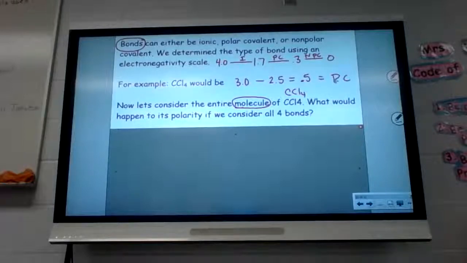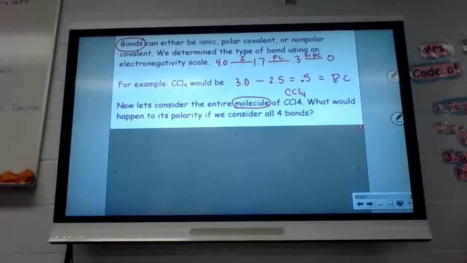We're going to look at all the bonds. What would happen to polarity if we consider all the bonds? Would it still be polar covalent if we consider all the bonds?